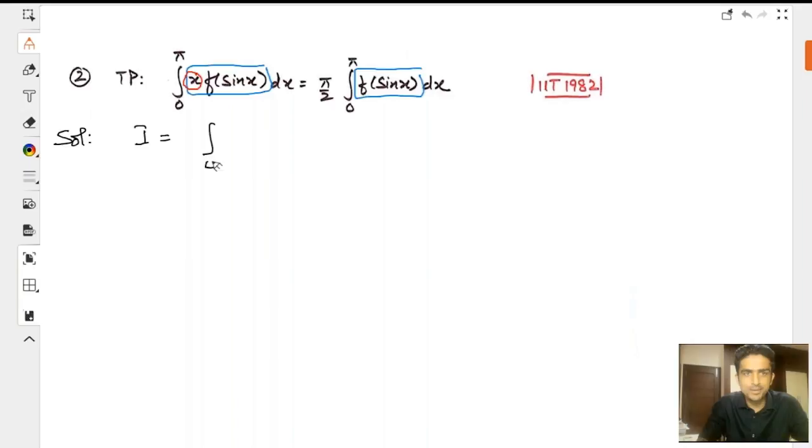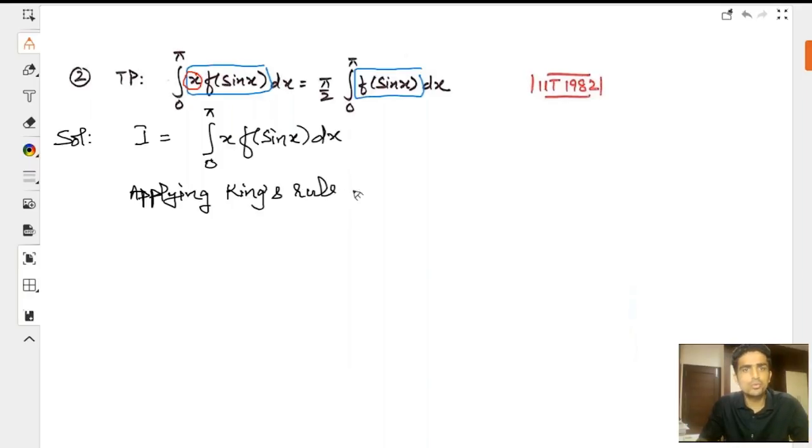I'll start from the left hand side. I'll apply King's rule. Try to see such an easy question, why I'm saying easy, because the approach is very obvious. The moment you know the application of King's rule, you know this question is pure application of King's rule.